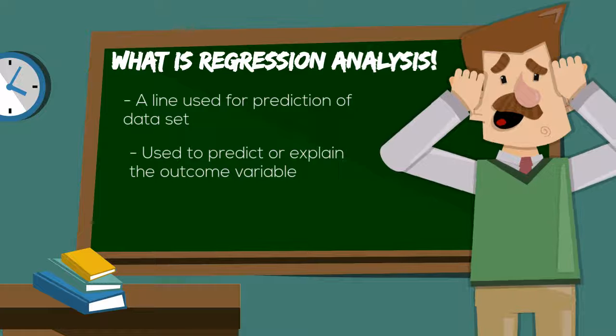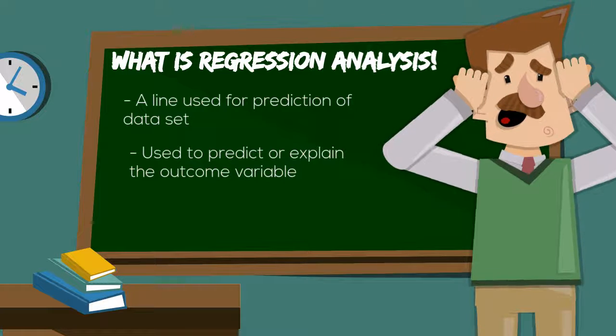So again, regression analysis in general is used to explain, or more commonly referred to, predict the outcome variable. The outcome variable may also be considered your dependent variable, but for the sake of not trying to confuse people from previous sections we've had, I'm just going to refer to the dependent as the outcome variable.